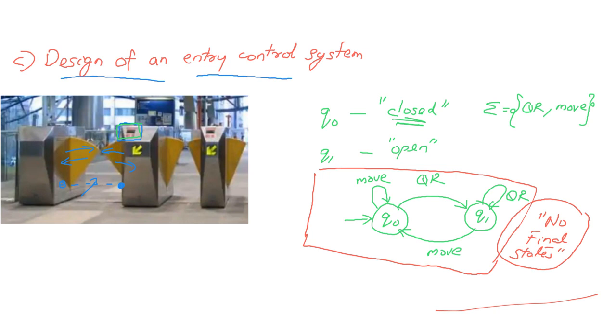Now, as an assignment, you can try to design a DFA for accepting all the binary strings ending in 00.